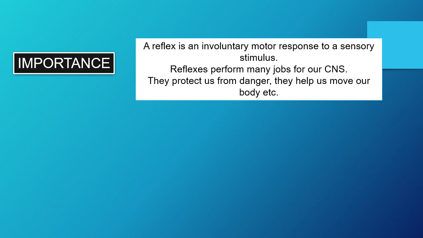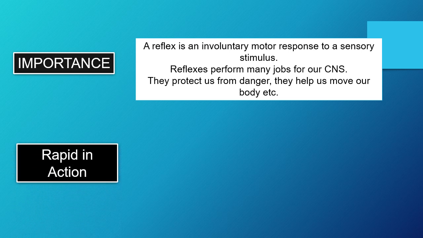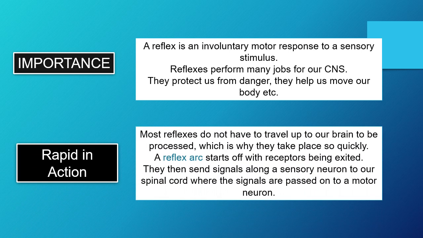Now we see why reflex action is important. A reflex is an involuntary motor response to a sensory stimulus. Reflexes perform many jobs for our central nervous system. They protect us from danger, they help us move our body, they help us see, etc. Why are reflex actions so quick?